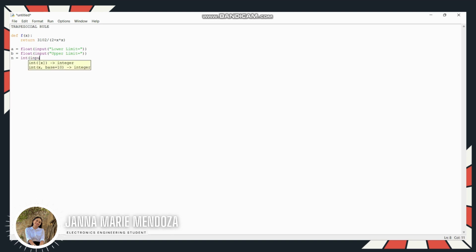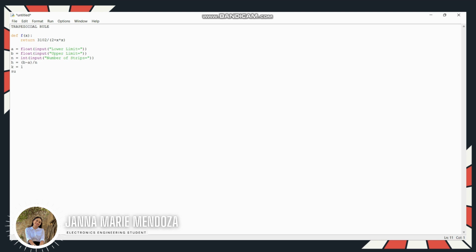Then for n, which is the number of subintervals or the number of strips, that means n is an integer, so n equals int, input, number of strips equals. Then for h, we will just insert the formula, which is b minus a over n.